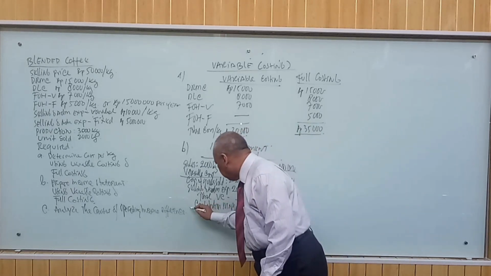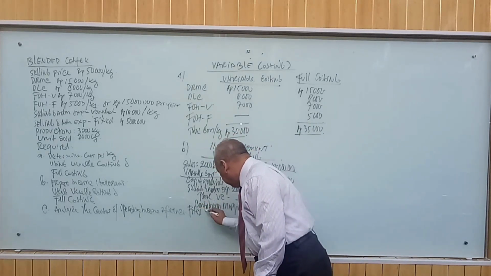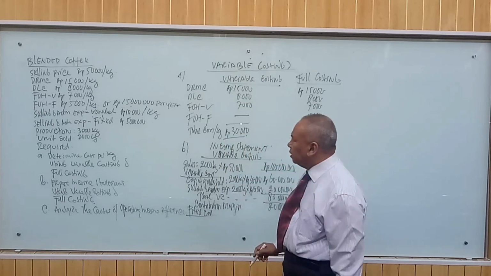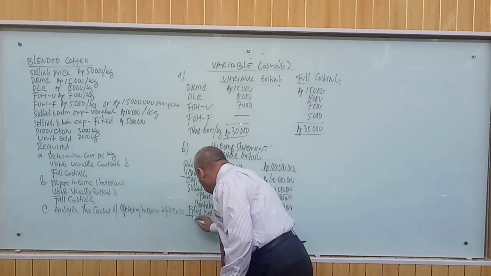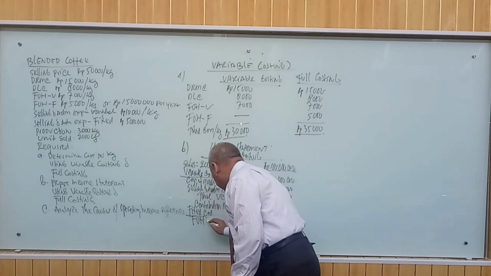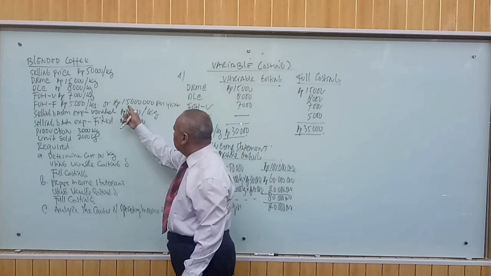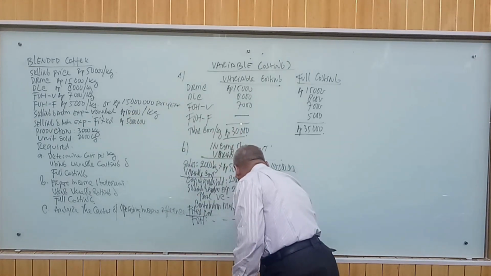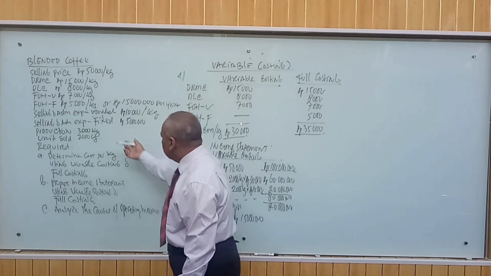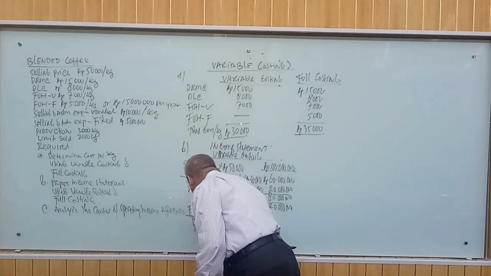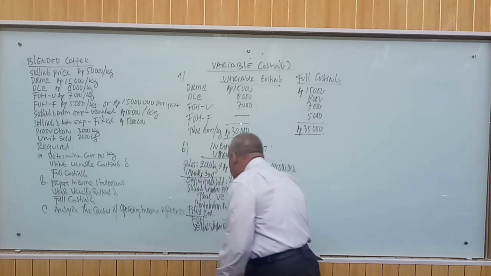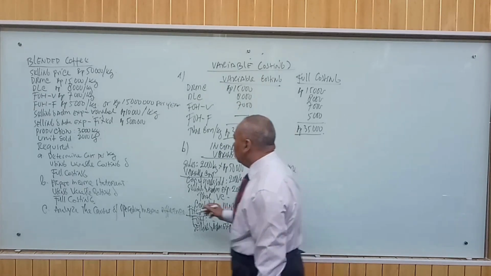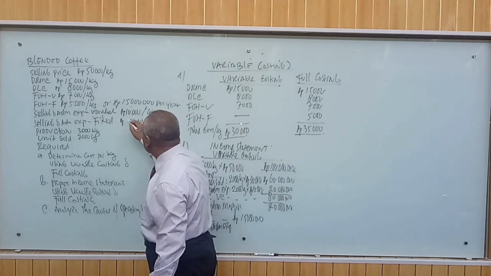Then we deduct fixed costs. Fixed factory overhead costs are 15 million, and then selling and administrative expenses, for example, are 3 million.